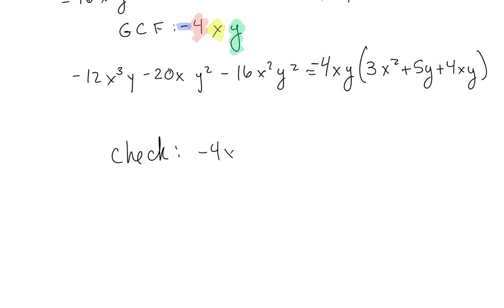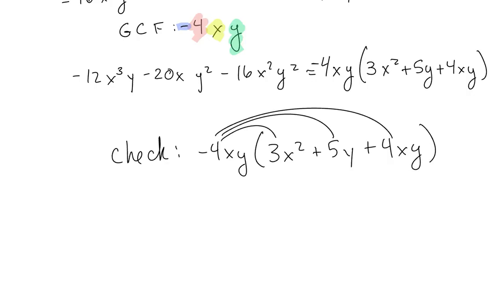So negative 4xy, open bracket, 3x squared, plus 5y, plus 4xy. I'm going to distribute this all the way through, and I should get the same as my answers. Negative 4x times 3 is negative 12. X times x squared is x to the power of 3. And then I just have a y, because there's no y to multiply by here.